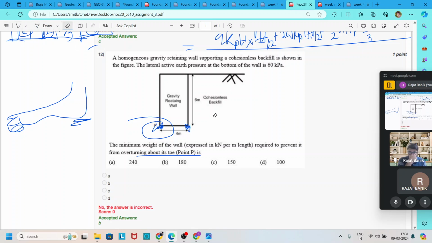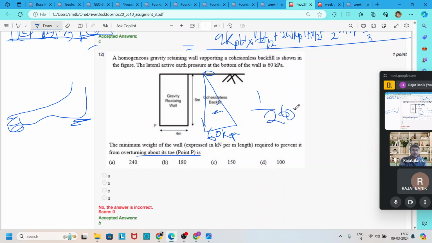So first, draw the pressure diagram. The pressure diagram is given in the question. At the top it is 0, but at the bottom it is given as 60 kPa. So the total force of this pressure diagram is half into 60 into the height of the wall, 6 meter.